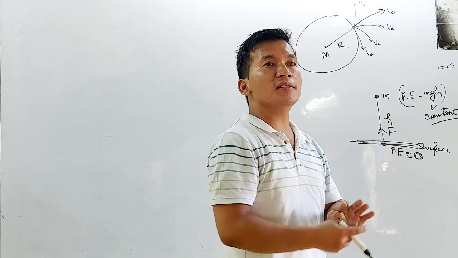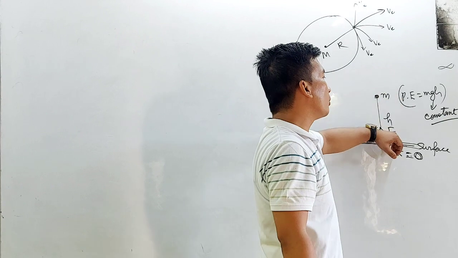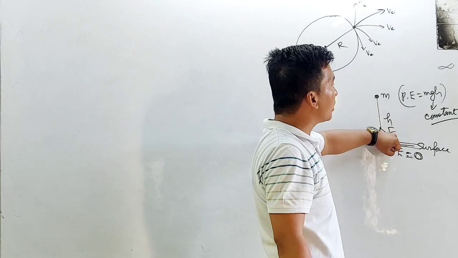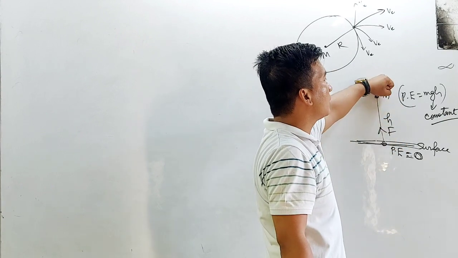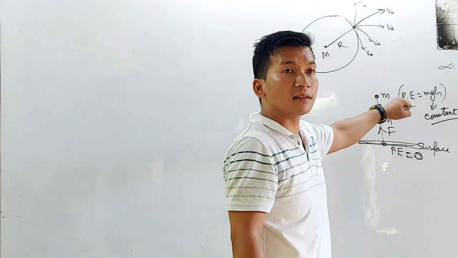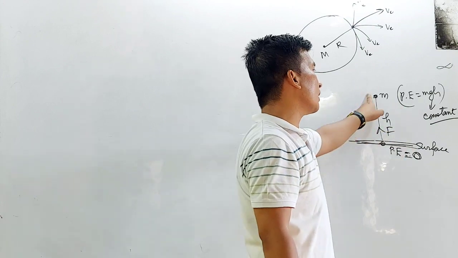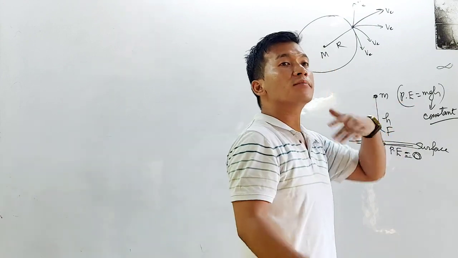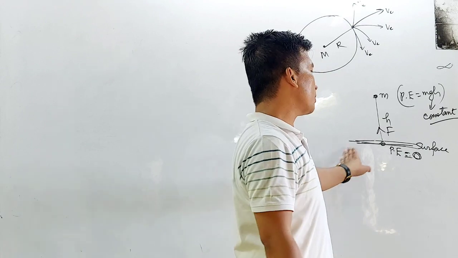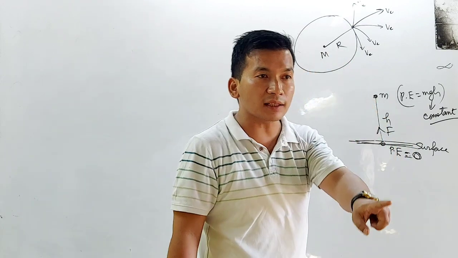In the work-energy theory, to raise the object, we have to exert some external pulling force to bring it up to a height h. That means work is done against gravity. That work is then converted into potential energy. What I'm trying to conclude is that this potential energy developed is due to external work done.